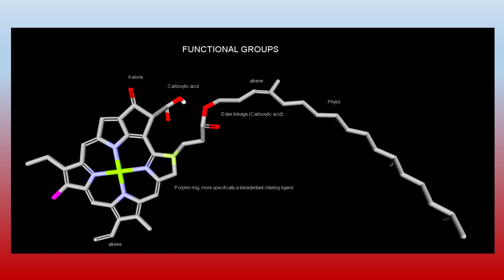And then the bulk of the structure itself, while containing many double bonds, is actually an entire conjugated system, which will be addressed in the following slides. But its functional name is as a porphin ring, or more specifically a tetradentate chelating ligand.